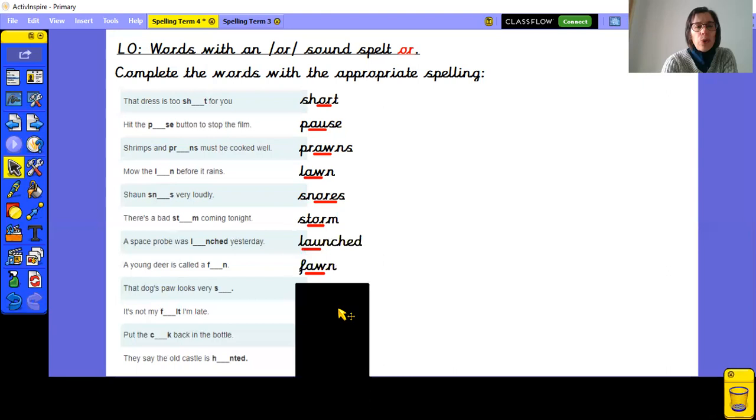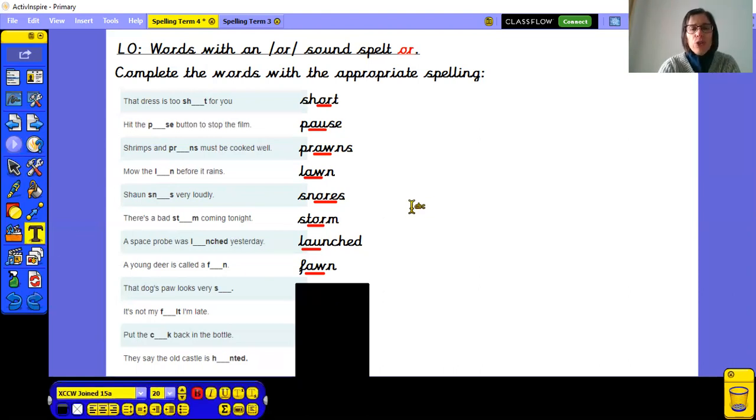That dog's paw looks very sore. So sore as in if you've got a sore throat, if you're in pain, you can say, oh, my muscles are all sore. So how would you spell it? If you're not sure, just have a go. So is it going to be this one? Is it going to be this one? Sorry for the mistake. Is it going to be this one?